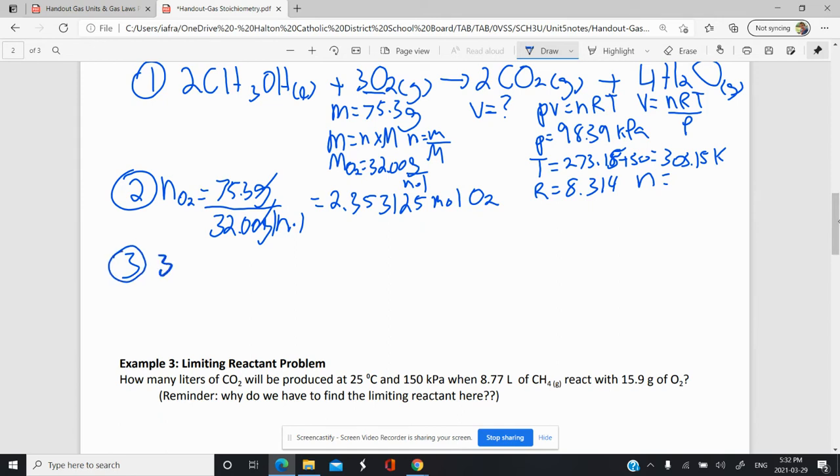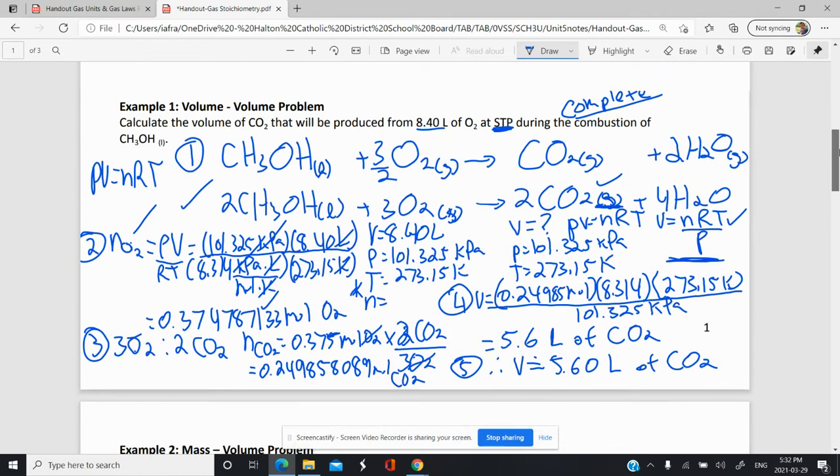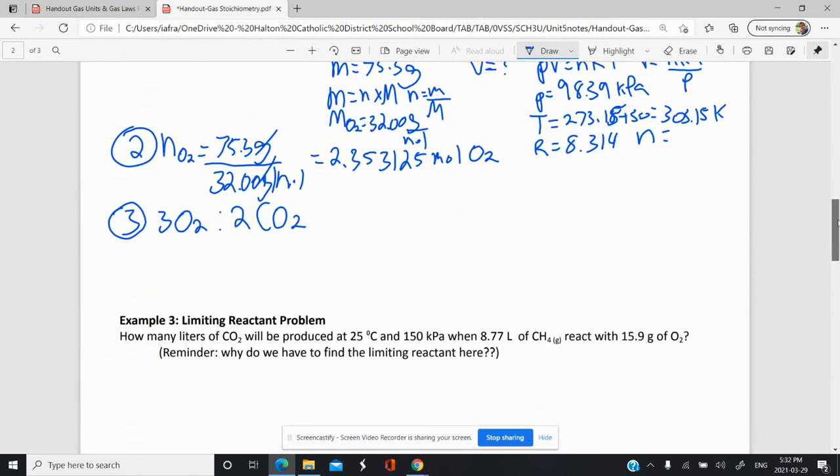And so now we can use our mole ratio to find the moles of CO2. So we know that there's 3 O2s for every 2 CO2s. Let's make sure that's correct, right? Yes, that's right. Good. And so let's go ahead and use our conversion factor to figure that out. So the moles of CO2 is equal to 2.353125 moles of O2 multiplied by your 2 CO2s over your 3 O2s.